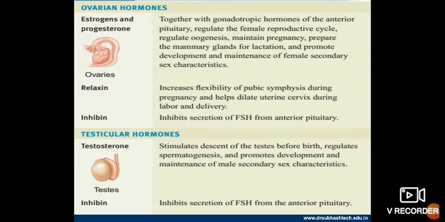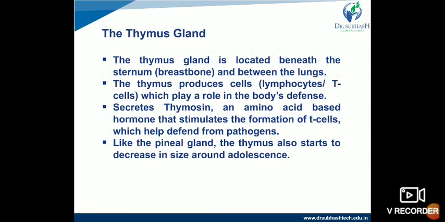It regulates spermatogenesis, that is the formation of sperm, how exactly it will be formed we will discuss during the next chapter, the reproductive system. And it promotes the development and maintenance of male secondary sex characteristics. Second is inhibin. It inhibits the secretion of follicle stimulating hormone from the anterior pituitary gland.